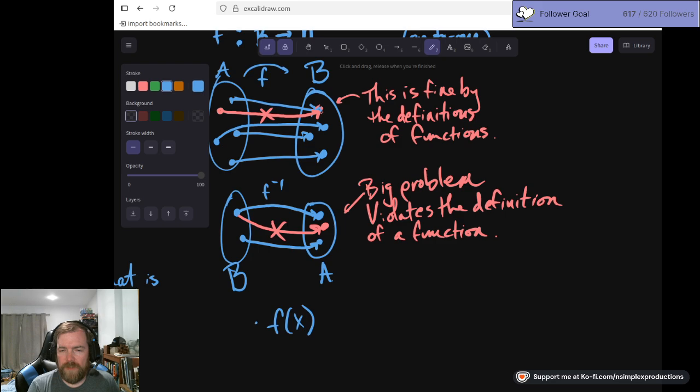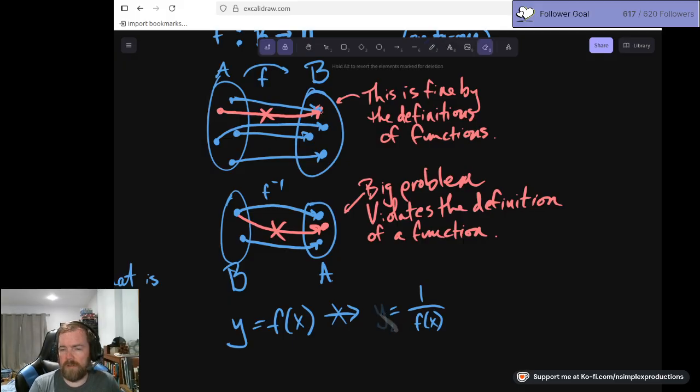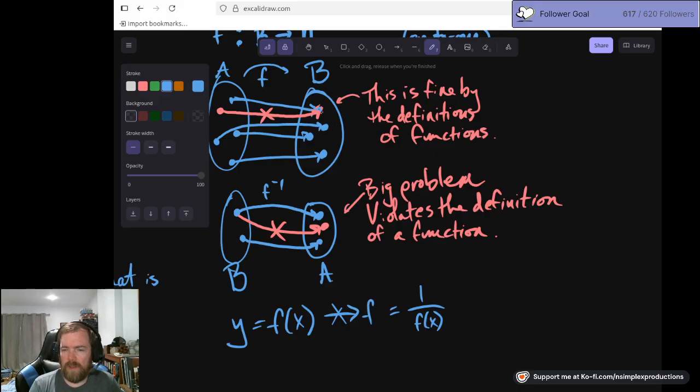So f of x equals y is not going to end up being the same as y2 or whatever equals 1 over f of x. Or inverse, right? Inverse. Not y. Let's just do f. F inverse of x is not going to be the same as 1 over f of x.